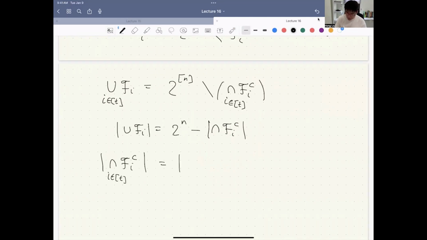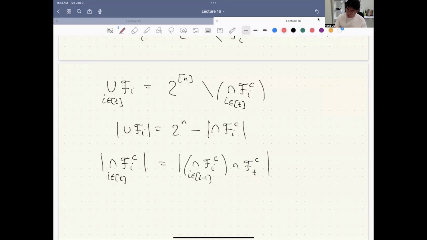Let's write this as the intersection over i up to t minus 1, intersect FtC. So think of this as one family, and this is another family.